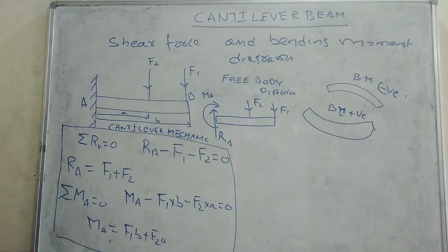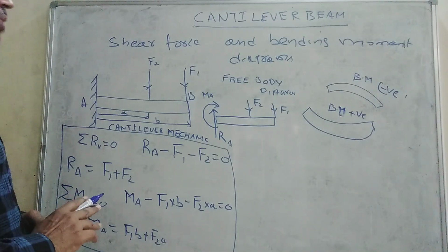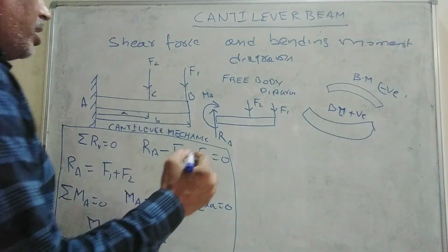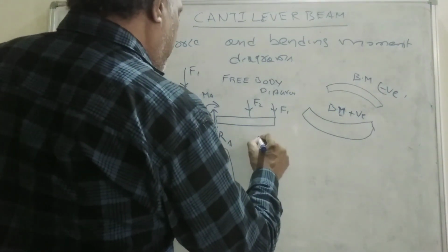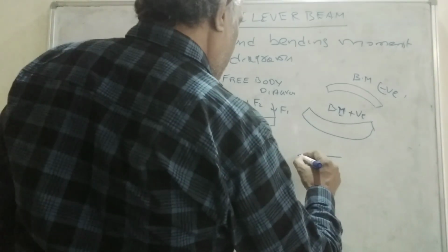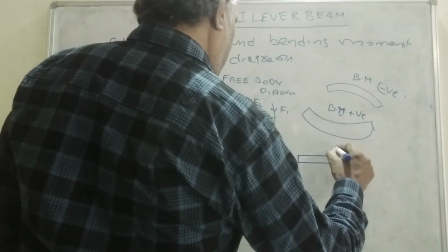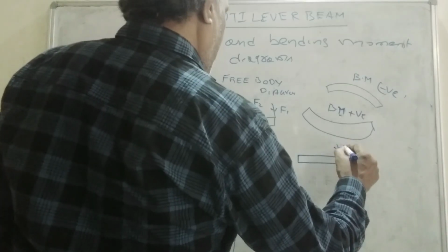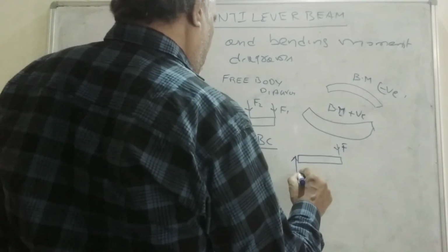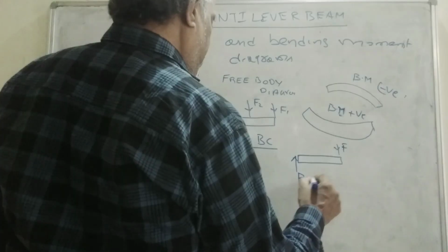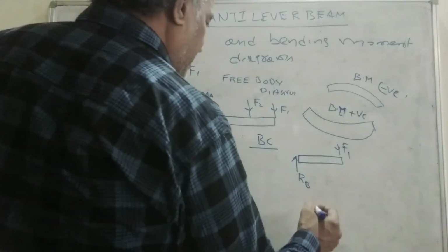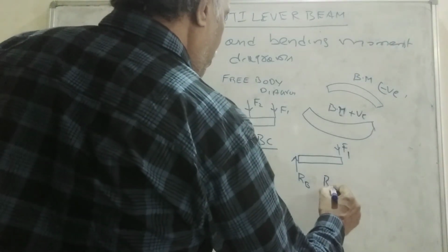Now we'll draw the shear force and bending moment diagram. So we have two equations, one equation for shear force. So this is A, B, and this is C. Now consider section BC. Here, this is B and this is C, with F1 and RB. So throughout this section, RB is equal to F1.